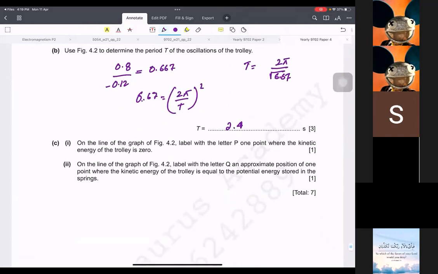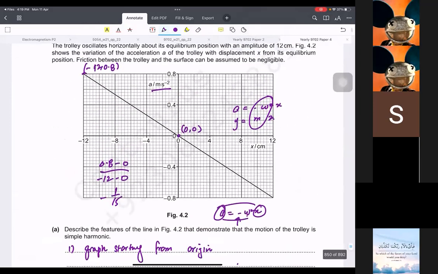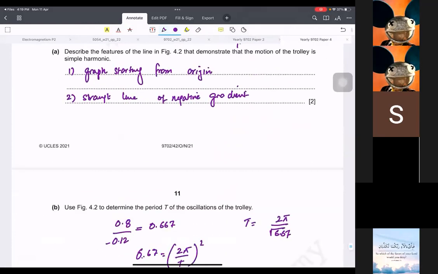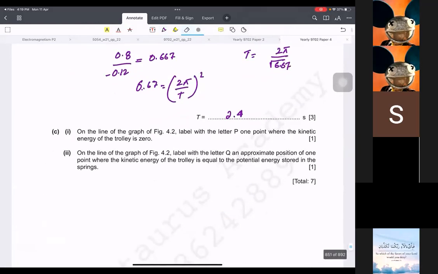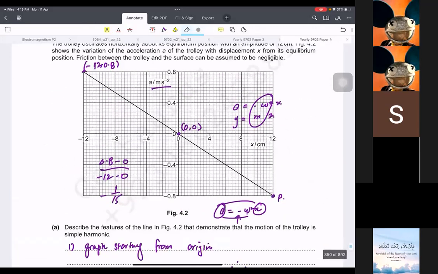Now, on the line, show letter P where the kinetic energy is 0. Kinetic energy will be 0 at the extreme points. Your displacement is maximum. And then on the line, label Q, the approximate position where the kinetic energy of the trolley is equal to potential energy. Kinetic energy is half m omega square x naught square minus half m omega square x square, right? And potential energy is half m omega square x square.